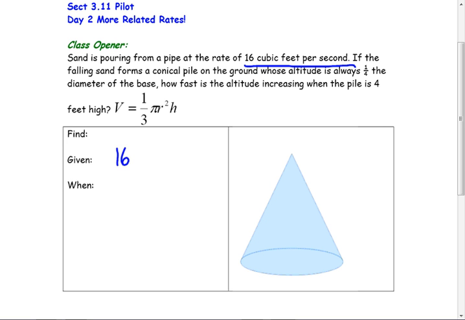Here's what you have to do: you have to be able to read, and you need to know what cubic feet is. What's cubic feet? Good. What is that a measure of? Volume.